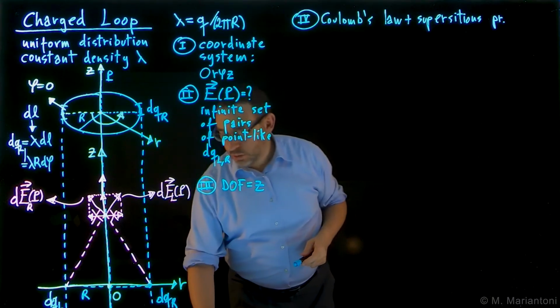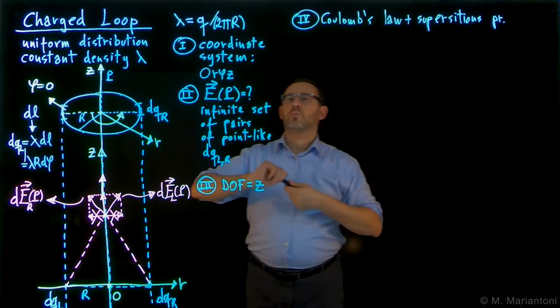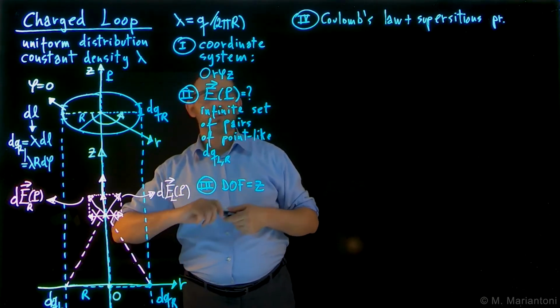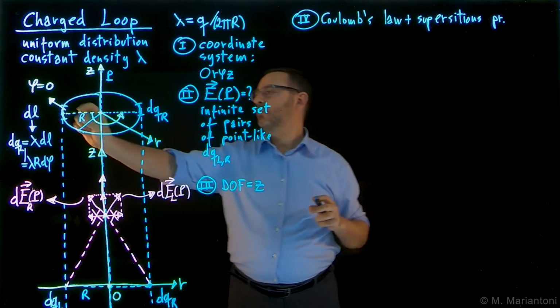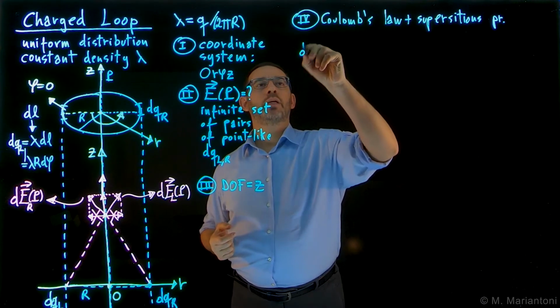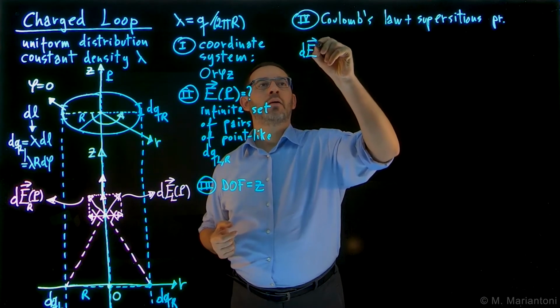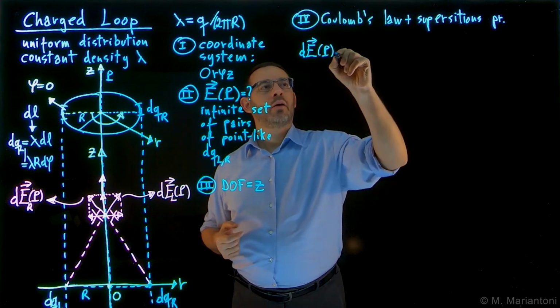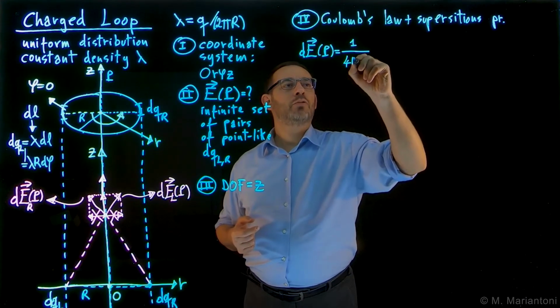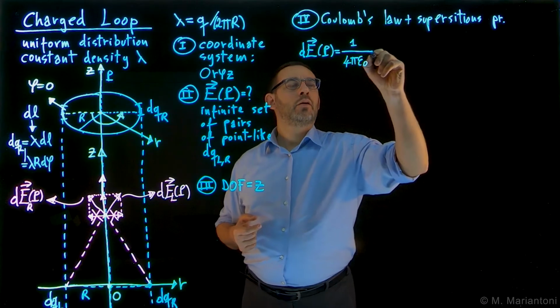Okay, so how do we proceed in this case? Well, first of all, we want to find the electrostatic field due to one infinitesimal charge, point-like charge dq. So this field will be dE at point capital P, which is given by 1 over 4 pi, let's do it completely general, 4 pi epsilon naught.